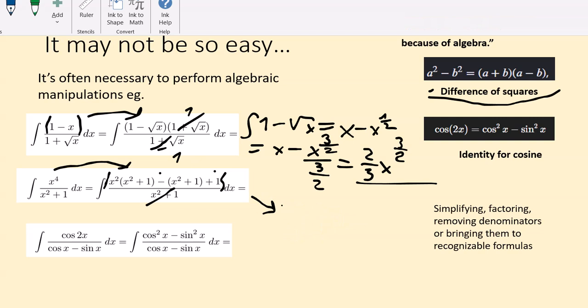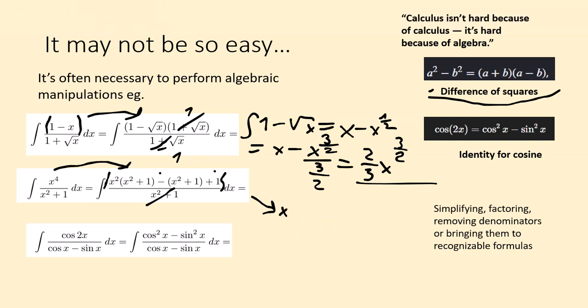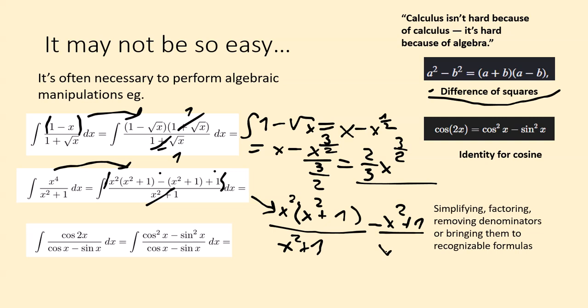So what you're doing here is going to be x squared in the brackets, x squared plus 1 over x squared plus 1. Then you have minus x squared plus 1 over x squared plus 1.